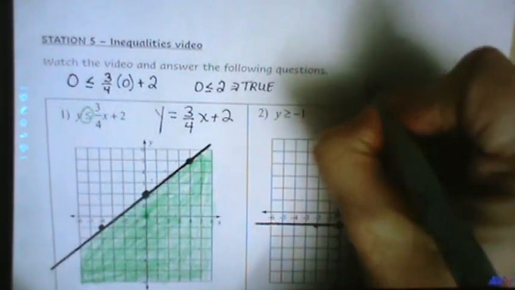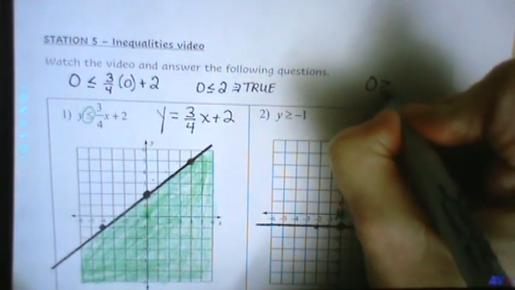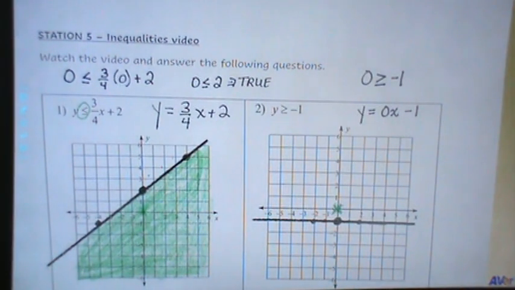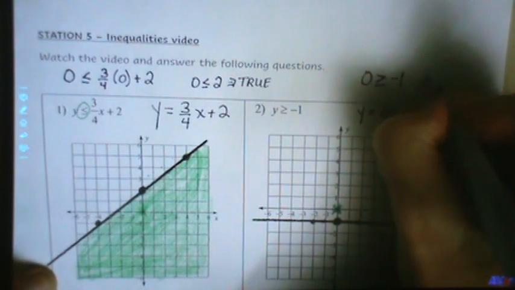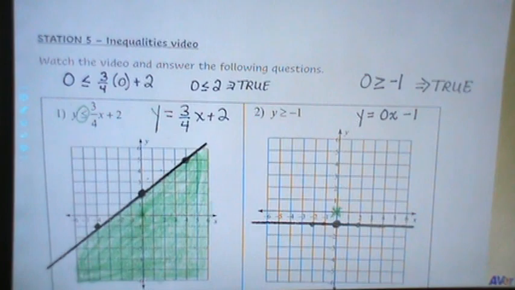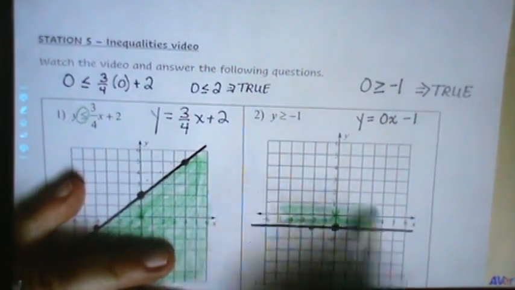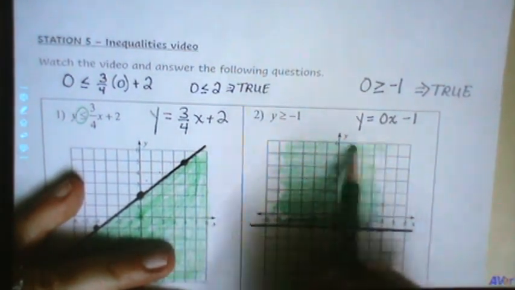So when y is 0, notice I don't even have an x, so 0 is greater than or equal to -1. Well, ask yourself, is 0 greater than or equal to -1? Absolutely, that is a true statement. So y being greater than or equal to -1, all of these points in my shaded region make that inequality true.